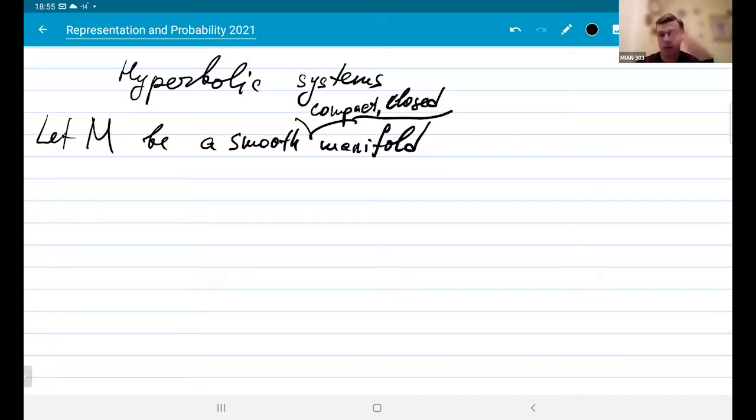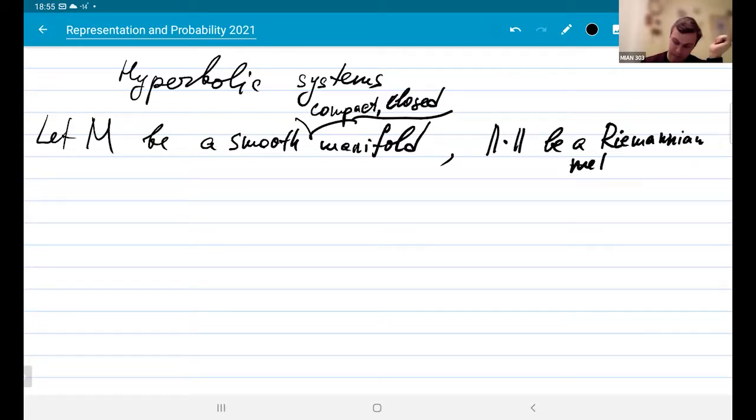This means that it has no edge, no boundary, and it is compact. So at each point we have this Riemannian metric on each space.